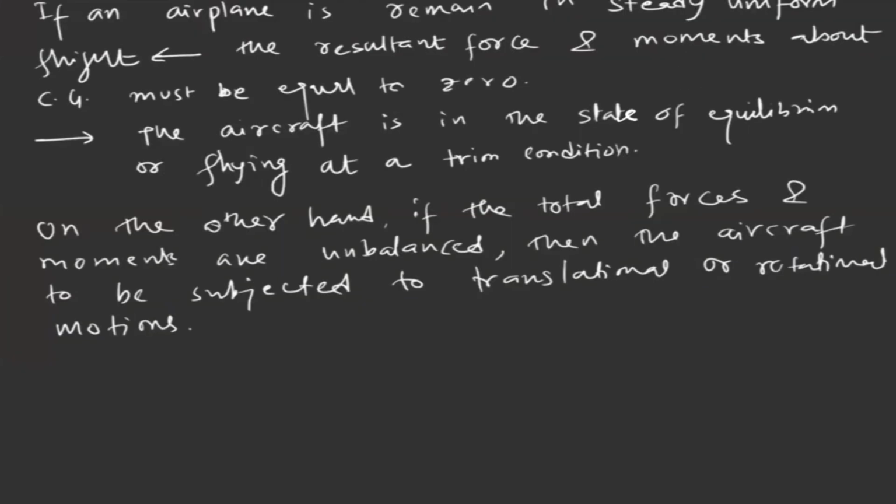Based on this, we can come up with two important parts in stability, how the system evolves over time.